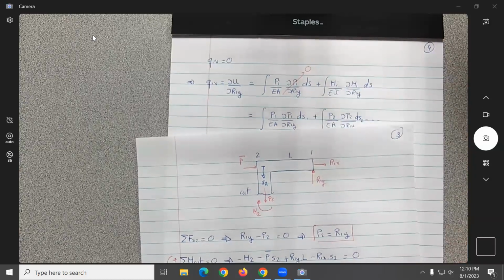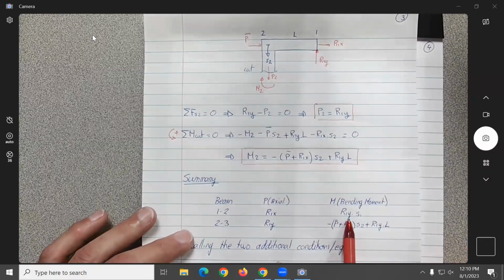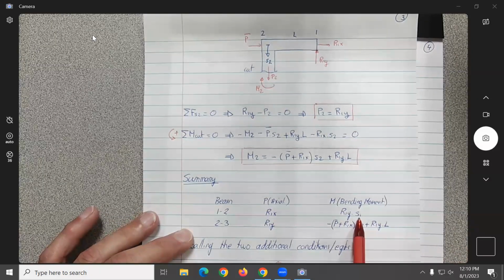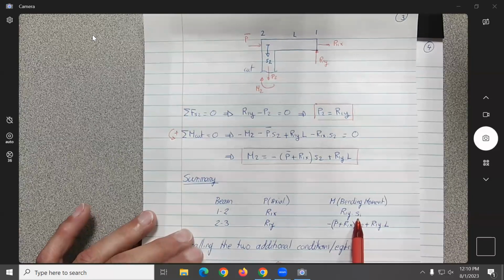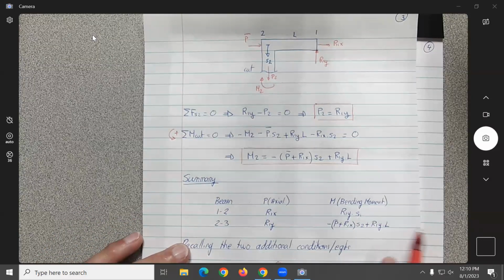Good thing, no? What about M1? M1 we know is R1Y times S1. So that one will be equal to what then? S1, no?